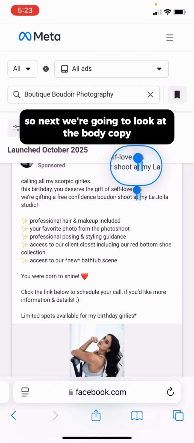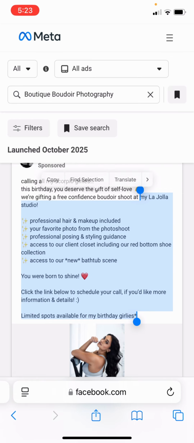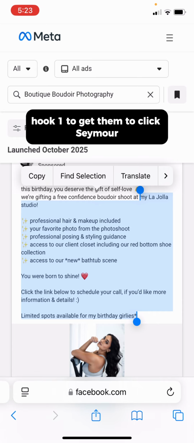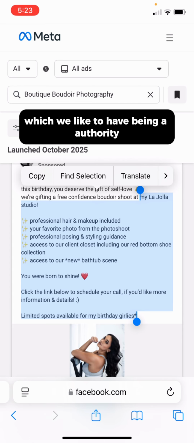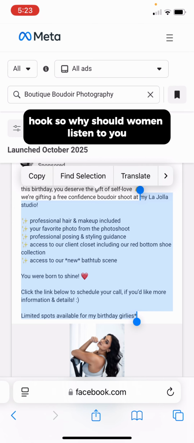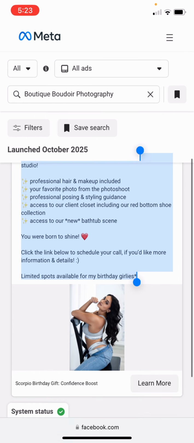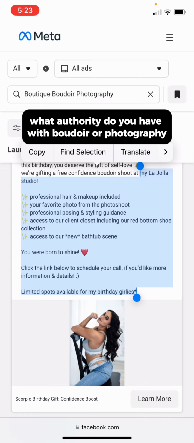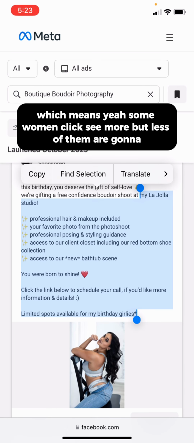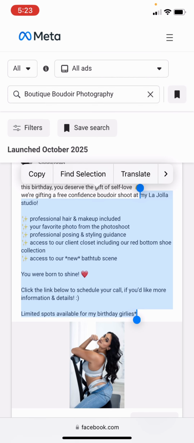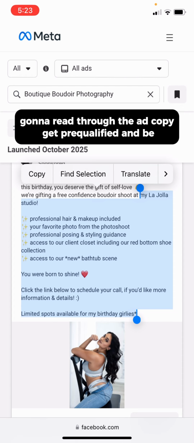So next we're going to look at the body copy. The Seymour headline is basically hook 1 to get them to click Seymour to read the rest of our ad copy. Then we need a hook 2, which we'd like to be an authority hook. So why should women listen to you? What authority do you have with boudoir or photography or things like that? So we're missing that, which means some women click Seymour, but fewer of them are going to read through the ad copy and get pre-qualified.